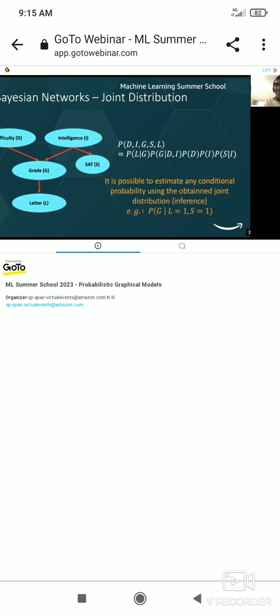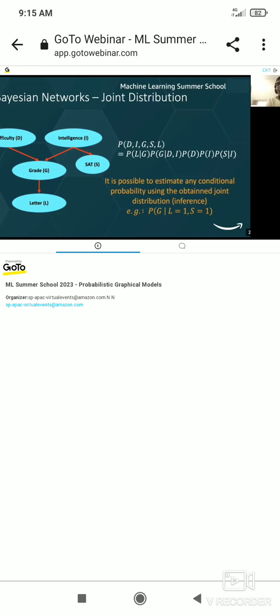But in most cases, it is next to impossible to characterize a joint distribution without assuming some kind of relational structure. So the Bayesian network we have been discussing so far helps us break down the joint distribution into manageable chunks, if you will, and this makes it much simpler to learn the network parameters.